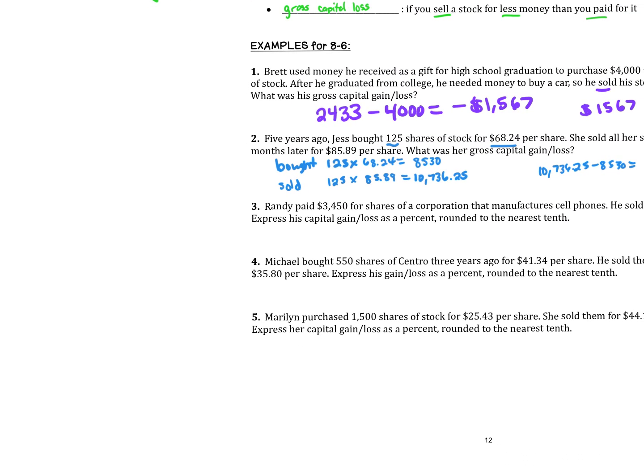If you want to do the 85.89 minus 68.24 and find what that is, and then multiply that times 125, that would work also, right? At that point, you have to be thinking about whether it's a loss or a gain. Does that make sense, though?